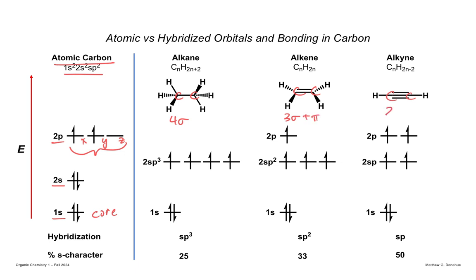And the alkyne, 2 sigma bonds plus 2 pi bonds. To form those different things, we have to use those 2s and 2p atomic orbitals to mix. So they're going to mix differently to describe these bonding patterns. So again, hybridization.